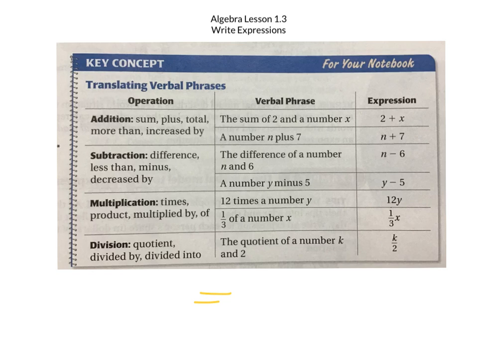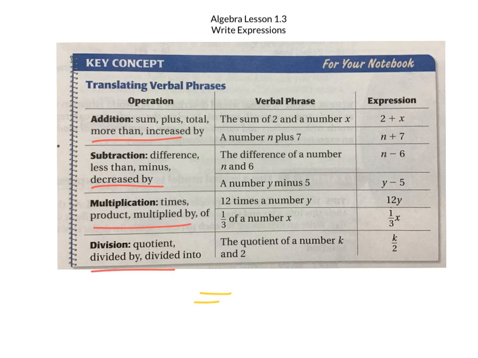All right, so you should have written this in your journals. It is giving you a bunch of the key words for recognizing the types of math when you read a word problem. Sum, plus, total, more than, or increase by all work for addition. Subtraction is difference, less than, minus, or decreased by.